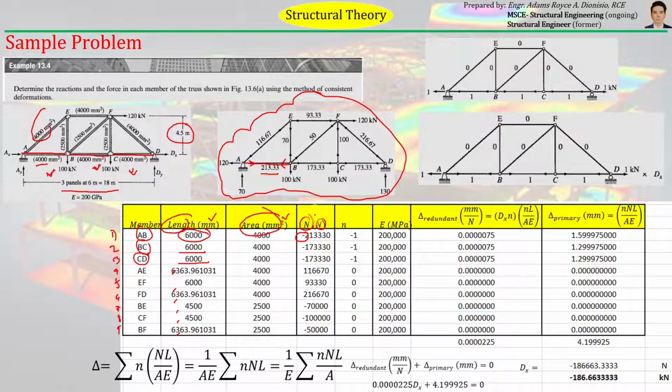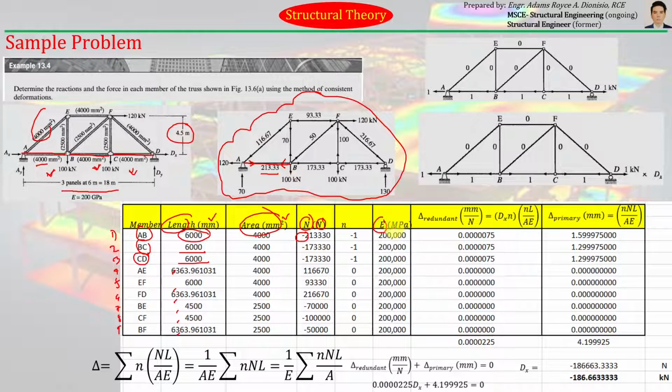Just make sure that you have consistent units. For me, just to be consistent so that I will no longer think of some inconsistency in the units, I already expressed the length in terms of mm, area in terms of mm squared, and the forces in terms of Newton, as well as the modulus of elasticity.